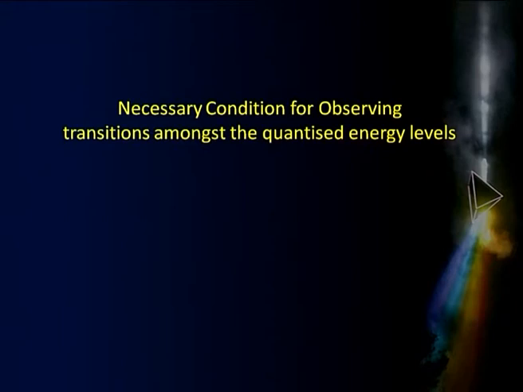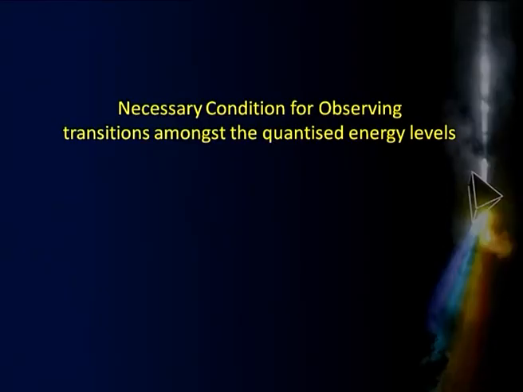Now, let us move on further and see what kind of necessary condition is required. We have seen how to talk about molecular vibration as a harmonic oscillator to begin with, and we find that this motion is quantized. We got an energy expression there which translates into an energy level diagram.